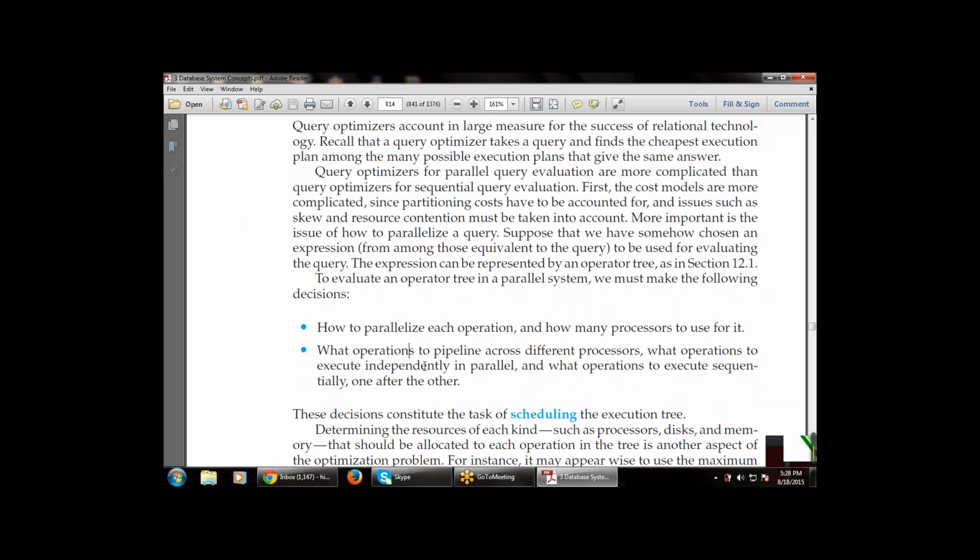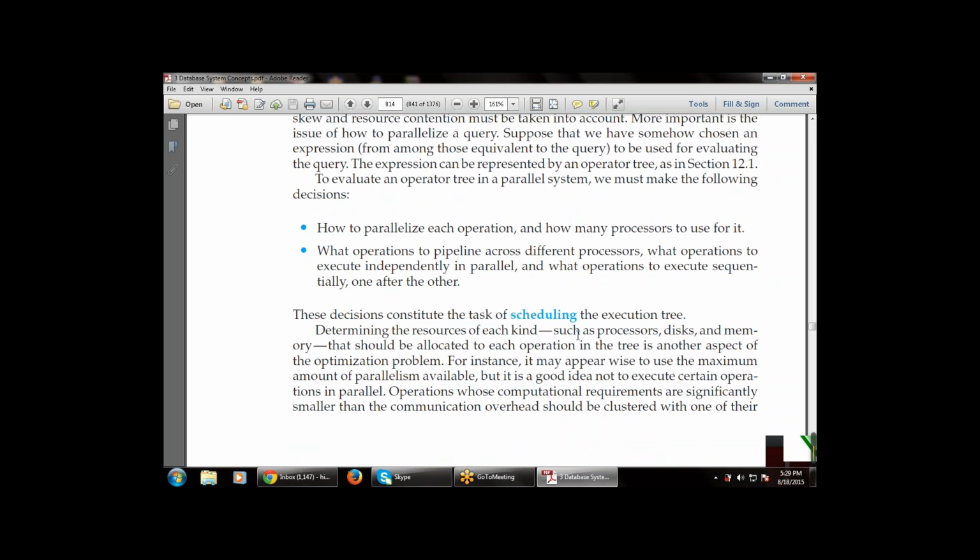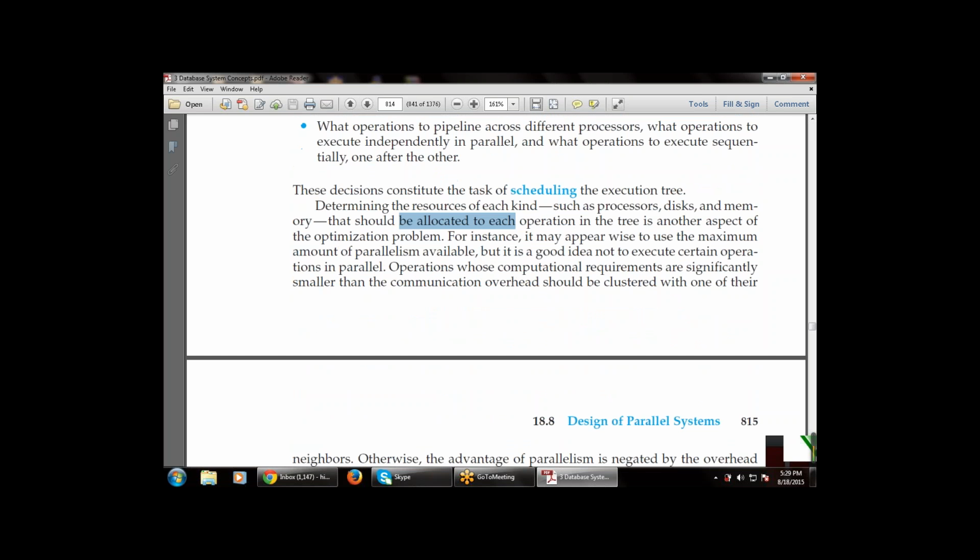These decisions constitute the task of scheduling the execution tree, that is, how to execute the tree. Determining the resources of each kind, such as processors, disks, and memory, that should be allocated to each operation in the tree is an important aspect of the optimization problem.